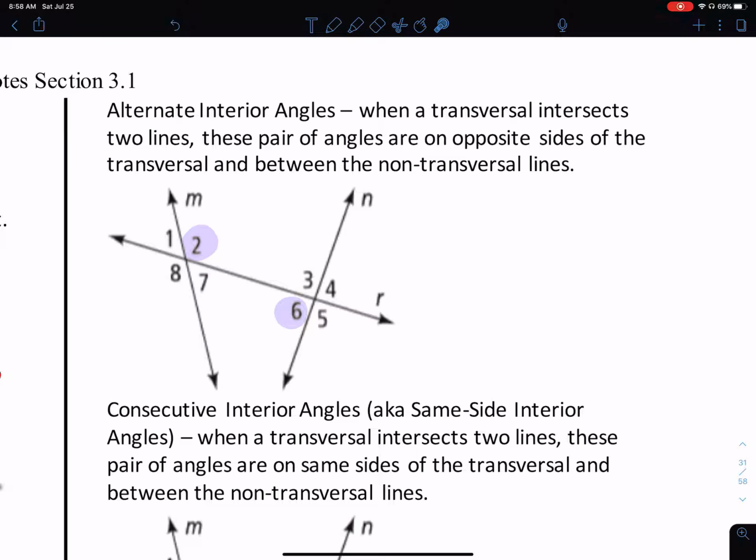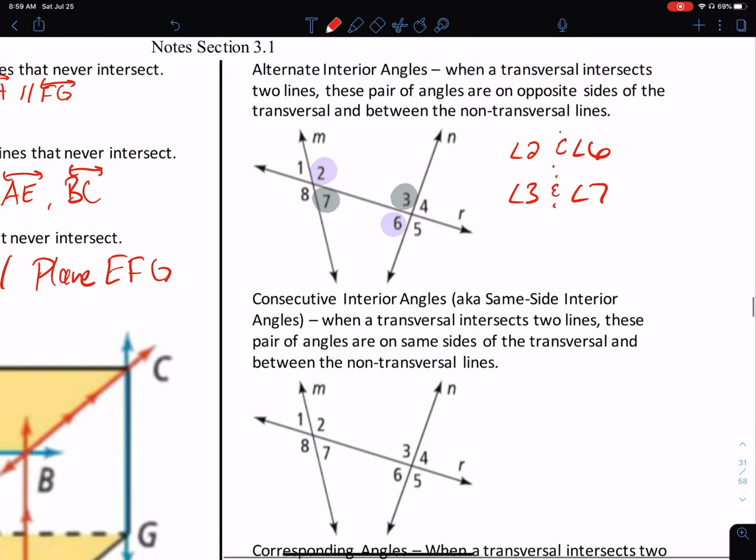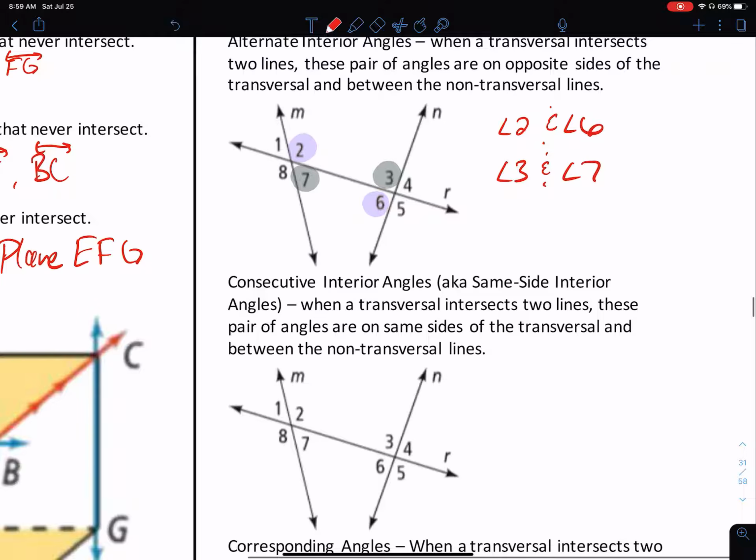They are between the non-transversal lines, they're on the interior, and they alternate from one side of the transversal to the other. So angle 2 and angle 6 are alternate interior angles. Similarly, angles 3 and 7 are alternate interior angles.